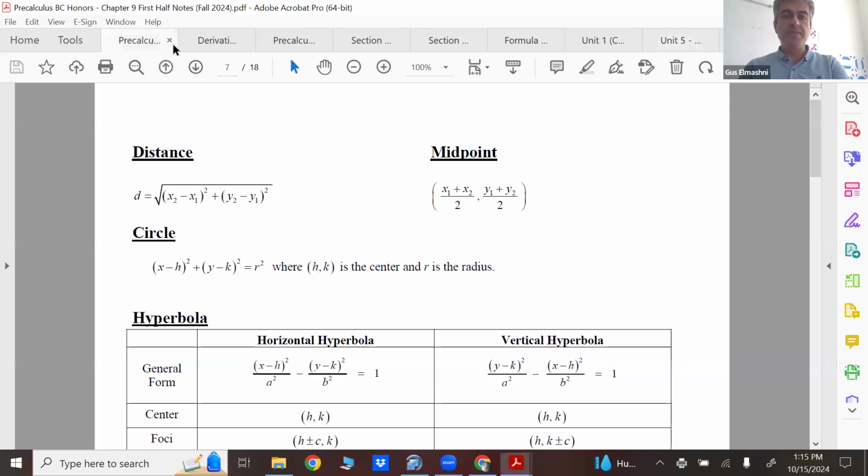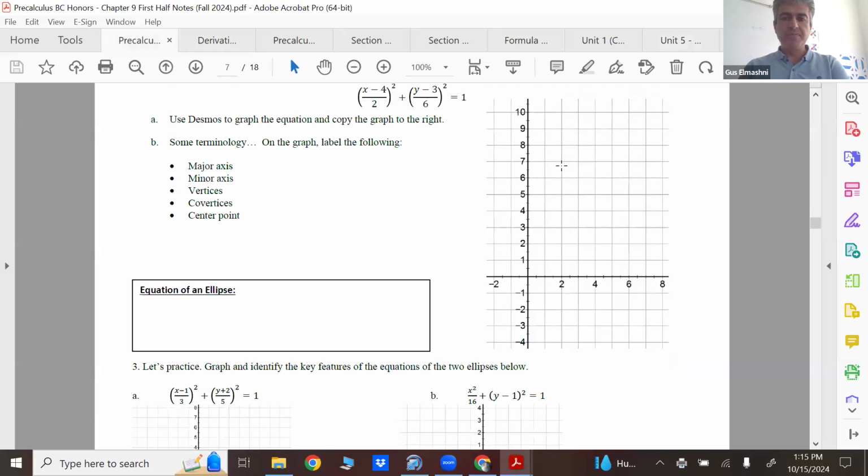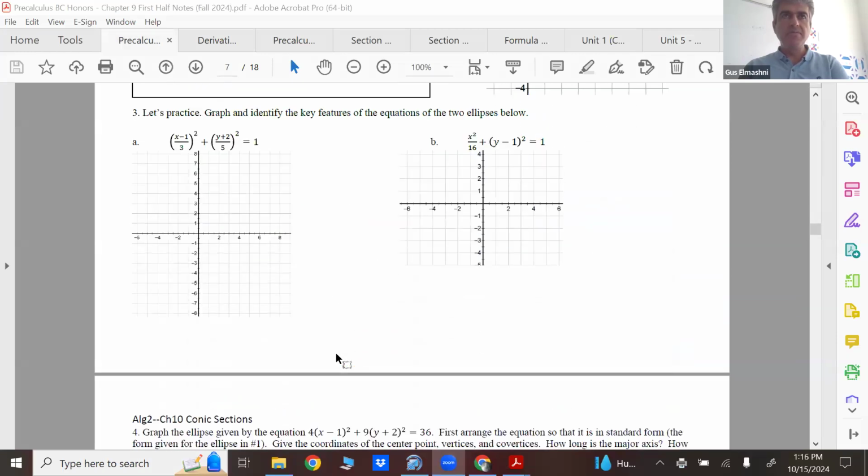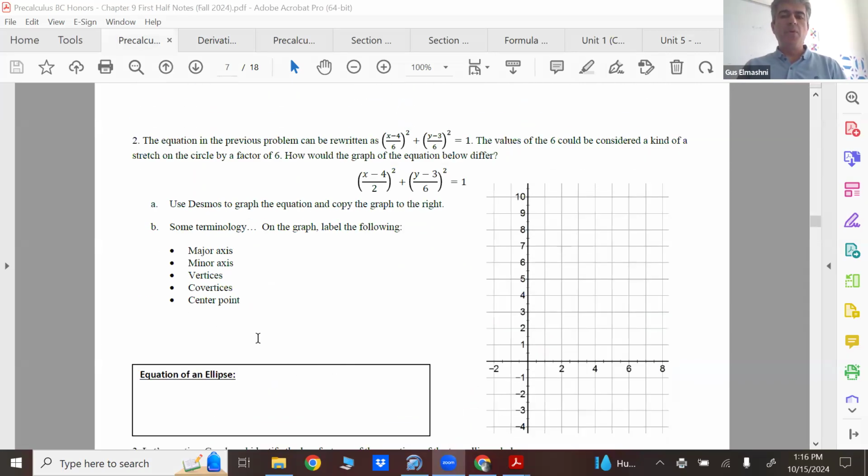A question? Yes. If you go to that sheet, I don't understand how A is always greater than B, and then the Y is over A. I don't understand how that can make for a vertical ellipse. Oh, because it's longer. Look at what's the denominator and what coordinate is associated with it, and move in that direction.